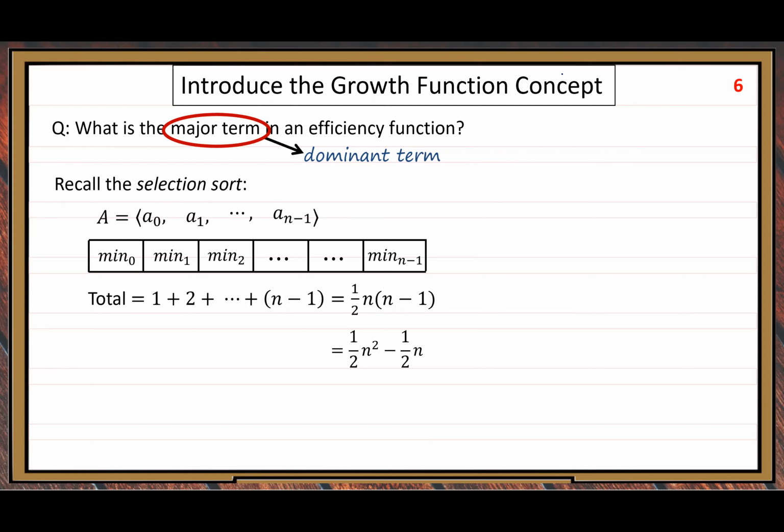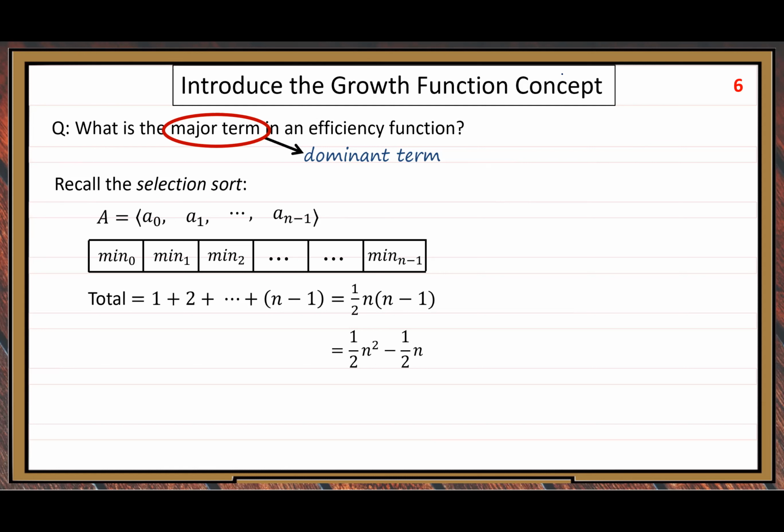Because if you look at the percentage, when n is sufficiently large, the percentage of the first term is much higher than 99-something percent. So that's the reason you can ignore that minor term, because it is less than 0.000-something 1%.